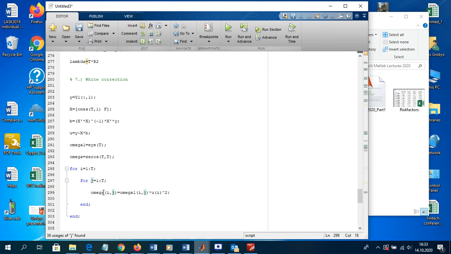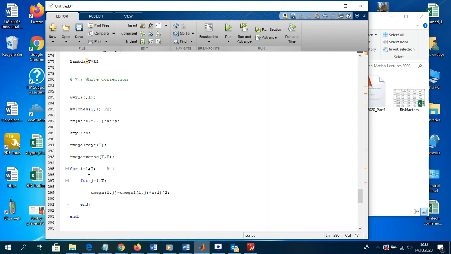What is also important to note is that first we start with i is 1, and we go to the second iteration of the outer loop only after we completed all iterations of the inner loop.